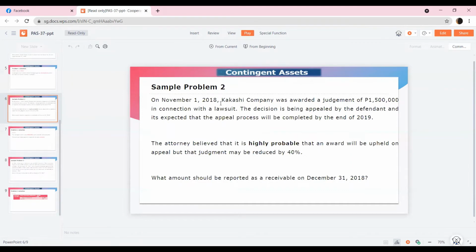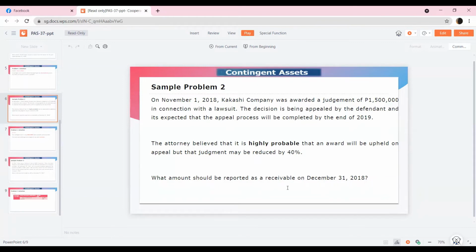So parang sinasabi niya dito na si Kakashi Company daw ay awarded, pwede kang makaklaim ng 1.5 regarding doon sa legal case na inilalaban mo. The decision is being appealed by the defendant and it is expected that the appeal process will be completed by the end of 2019. Pero pinag-uusapan natin dito is 2018. So the question is, what amount should be reported as a receivable on December 31, 2018?